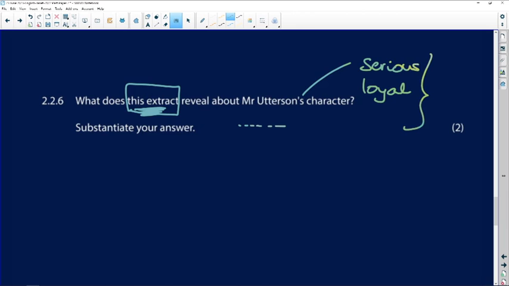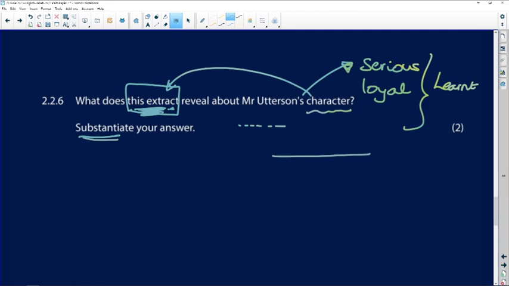So everything that you've studied, everything that you've learnt, you remember it. Then you go to that extract and you say, okay, what are we seeing about the man in this extract? Which of his characteristics that we discussed in class can I see here? And then you give me reasons for your answer. So if you've said he's a very loyal friend, you then say, because we see this and I understand the following.